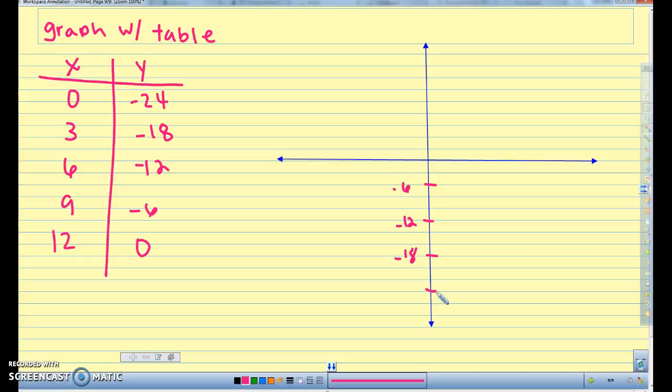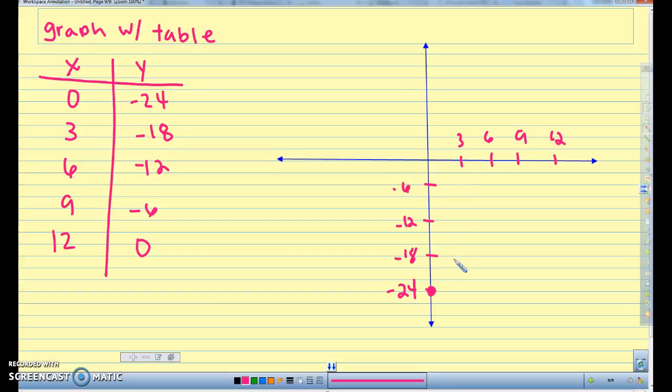And I'm counting by 6s on the y, and on the x, I should probably count by 3s because that's what it gives me in the problem. Okay, and I'm going to start matching those points. So when x is 0, y is -24. That's down here.